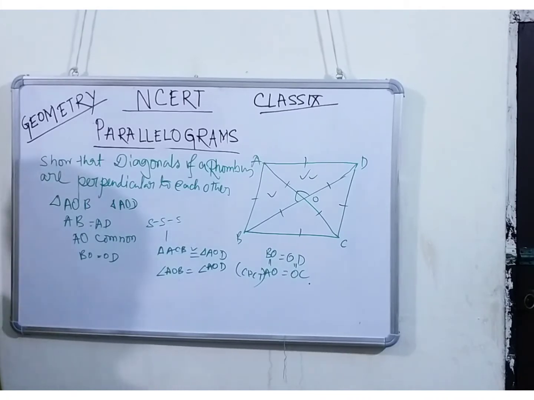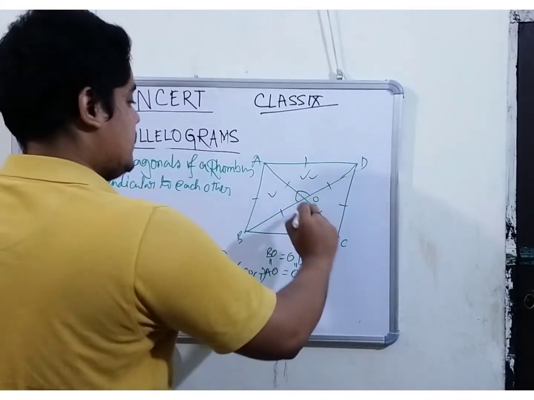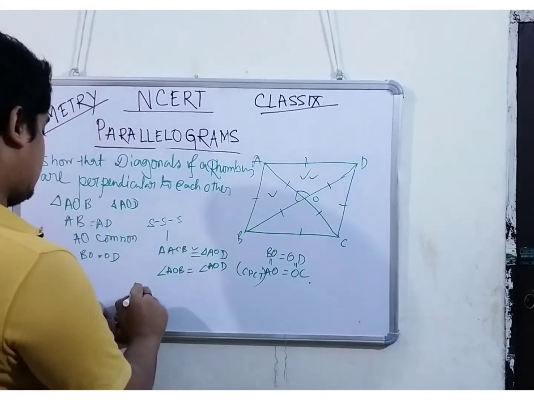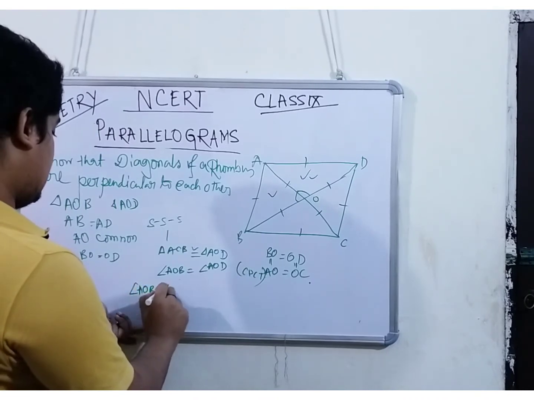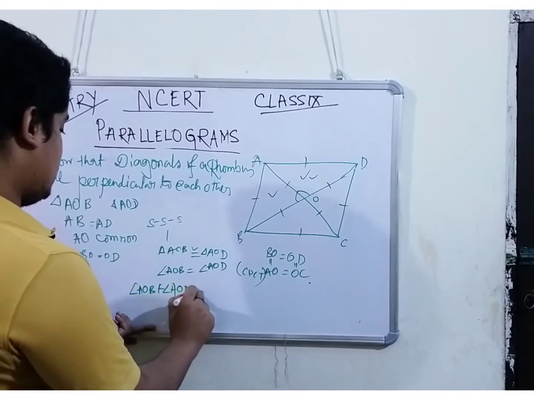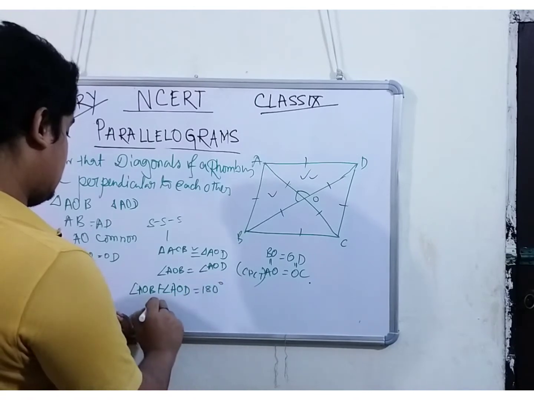Now what can we see from that? It is a straight line. So angle AOB and angle AOD, if summed together, will give 180 degrees.